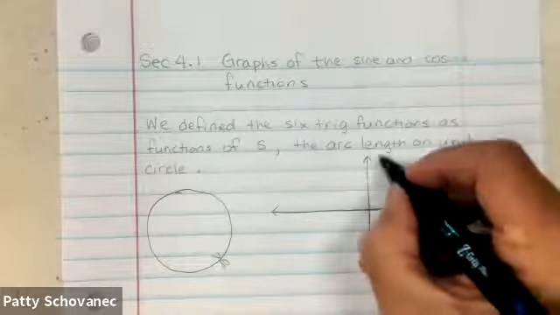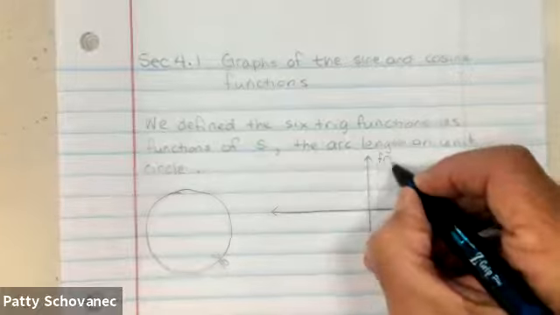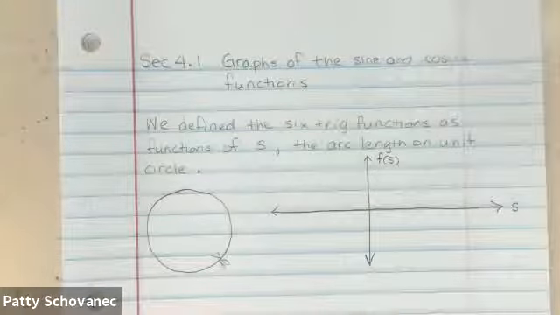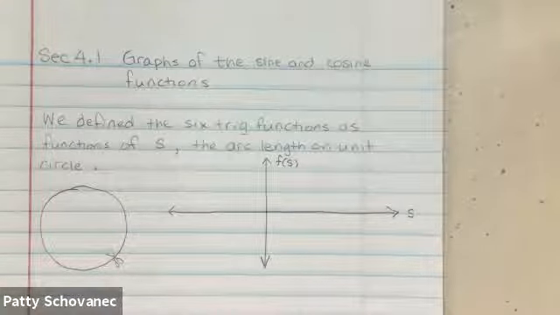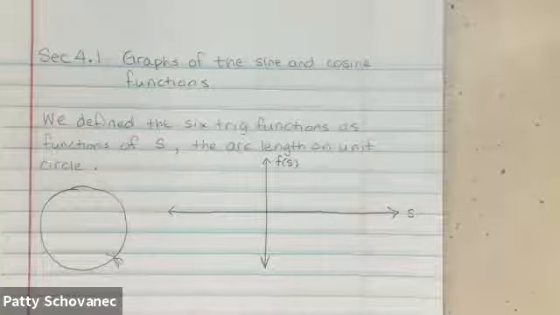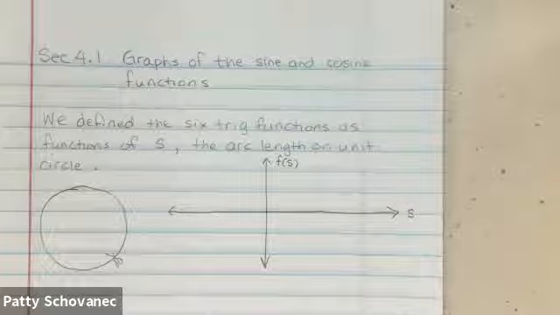So this axis right here is going to be f of s. S can be any real number, but I'm going to mark off the s-axis in units of the reference angles that we have on the unit circle: 0, pi sixths, pi fourths, pi thirds, pi halves, and so on.